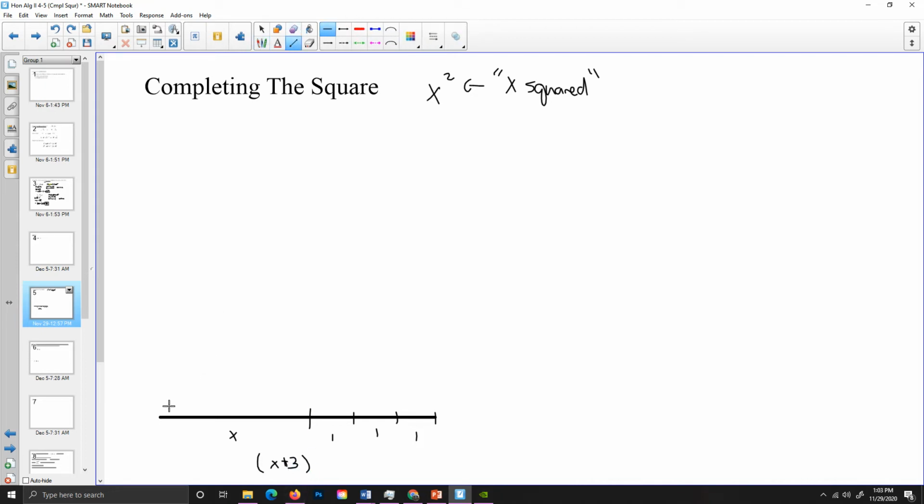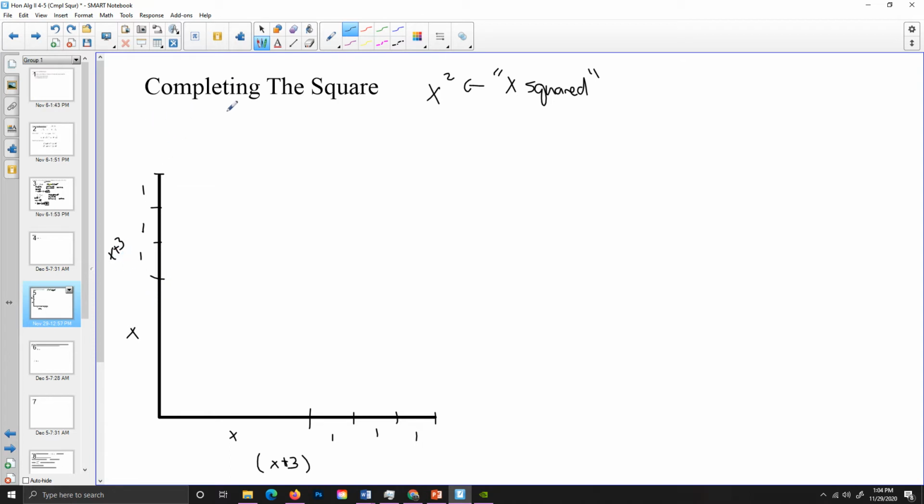If I make an additional segment along that line and I divide it into 3 equal segments, 1x and then 1, 2, 3, 3 units, it is also x plus 3 units long.